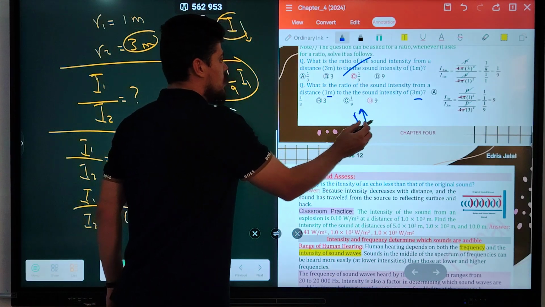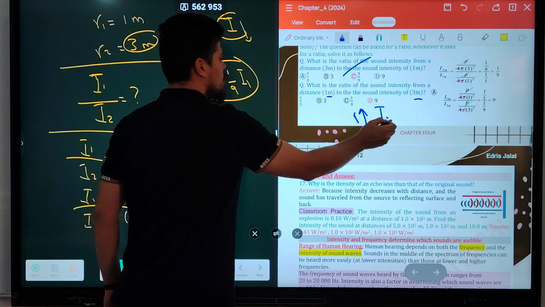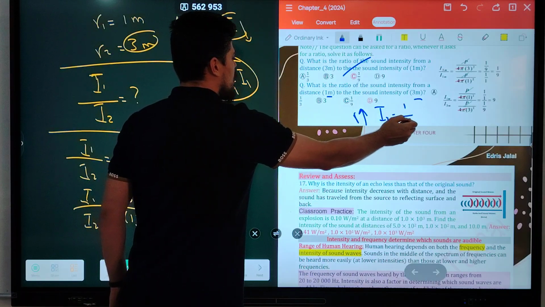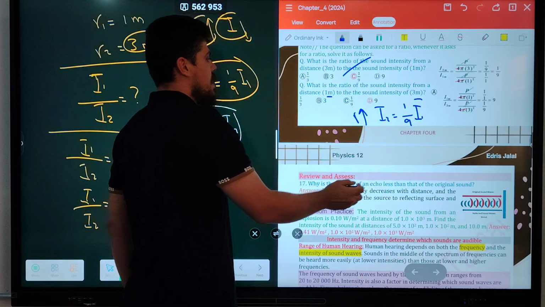And I2 is equal to 1 over 9 of I1. Why? Because R gets more, the intensity must be less, since the distance changes from 1 meter to 3 meter. So I2 is equal to 1 over 9 I1.